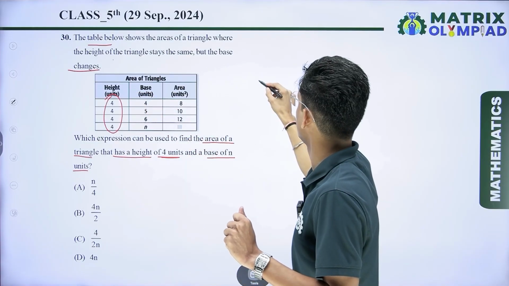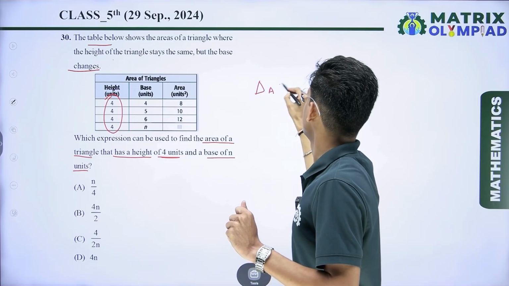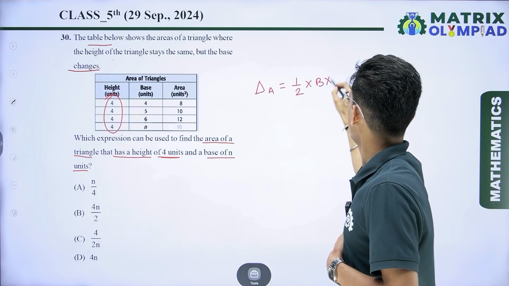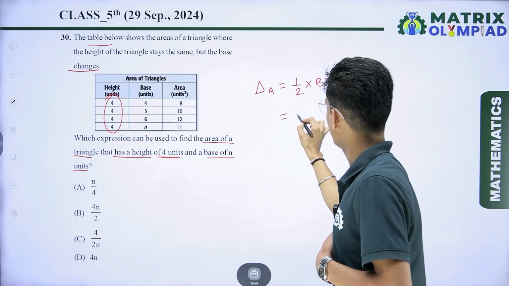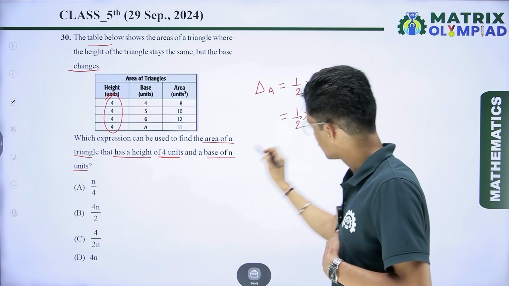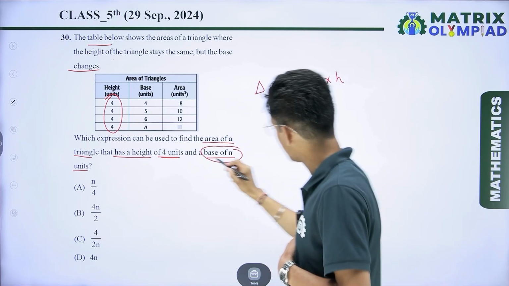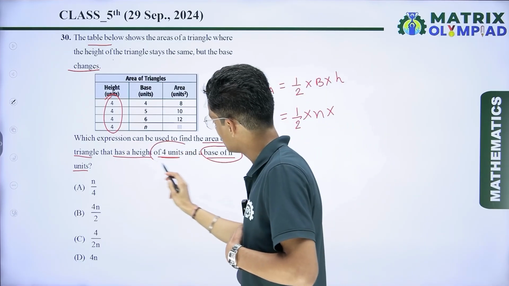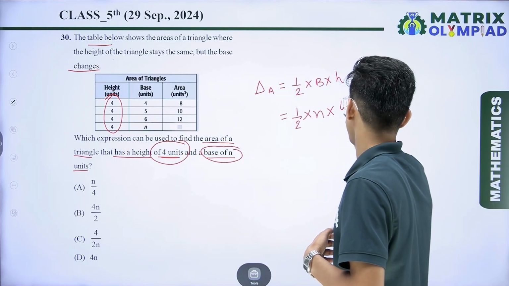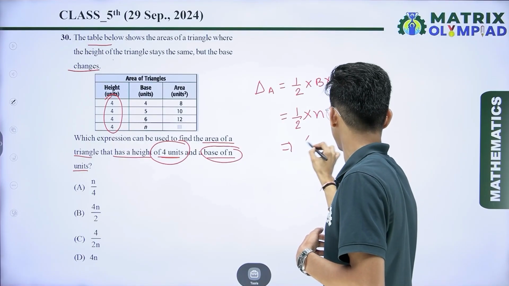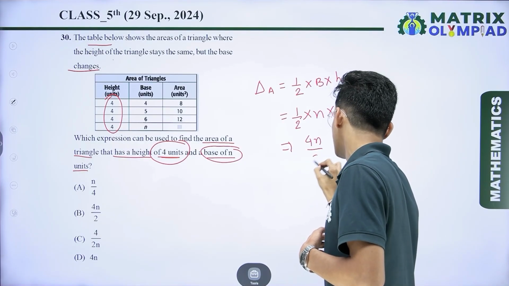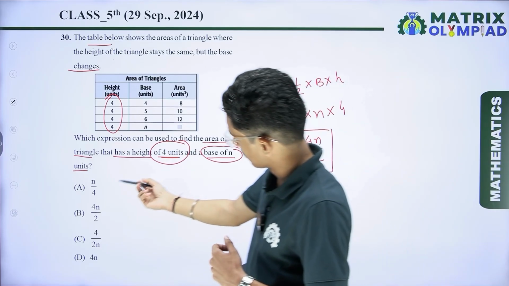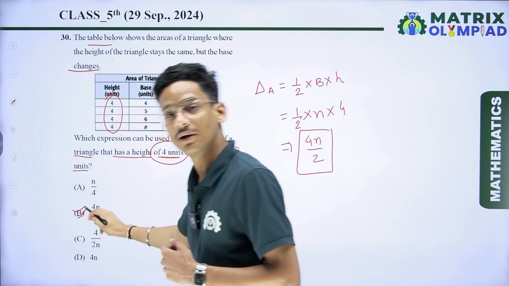So we know that area of triangle is equal to 1 by 2 multiply base multiply height. So here 1 by 2 multiply base, which is already given, that is n units, multiply height, which is given already, that is 4 units. Now if I multiply all these numbers, I get 4n divided by 2. So 4n divided by 2, which option is correct? Option number B is correct over here.